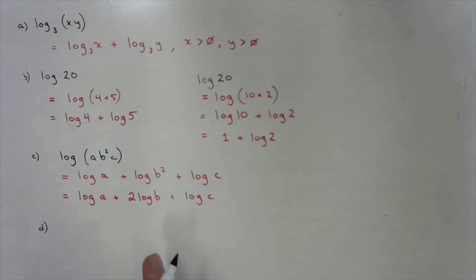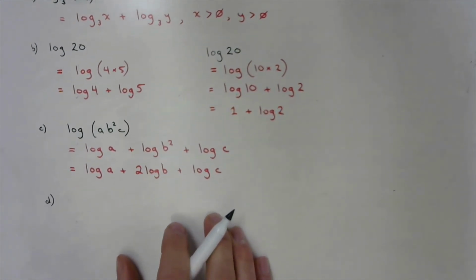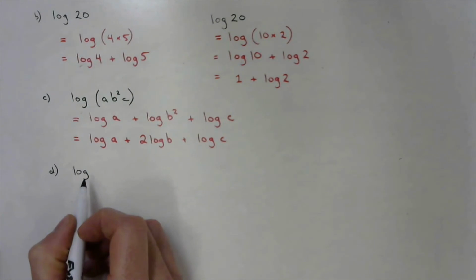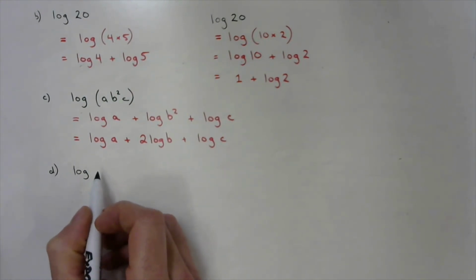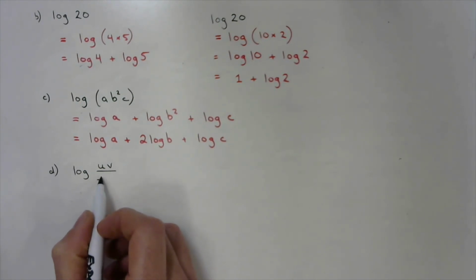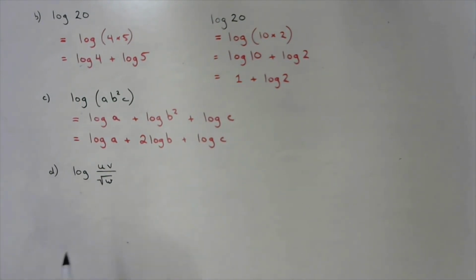D is going to introduce a bit of quotient law work. It is the log of u v over the square root of w. Give that one a shot. You can do it step by step.